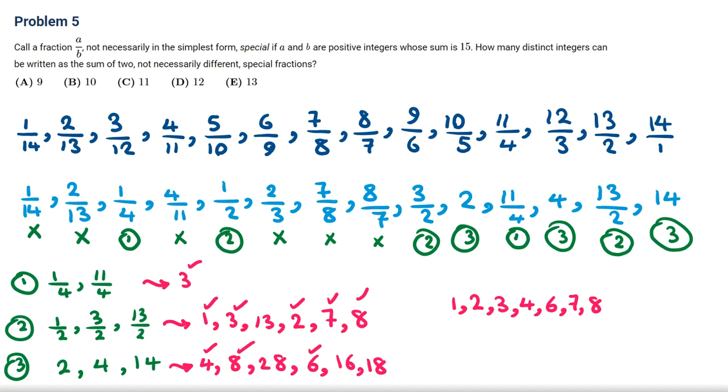And then we have 15, 16, 18, and 28. So if we count 1, 2, 3, 4, 5, 6, 7, 8, 9, 10, 11, there are 11 of the things that the problem wants.